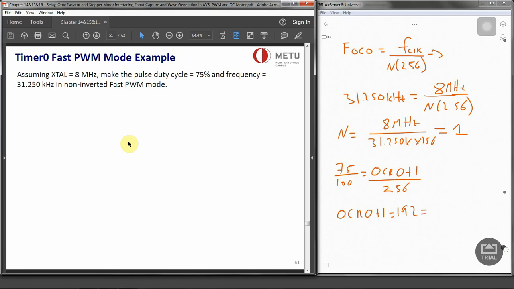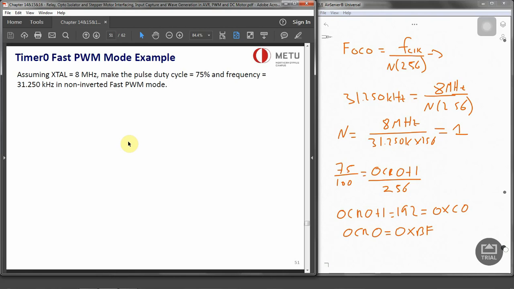So this is going to be hex C0, and OCR0 itself is going to be hex BF. And that's the value that we need to load for OCR0.